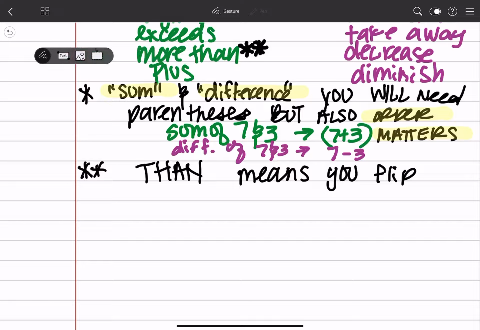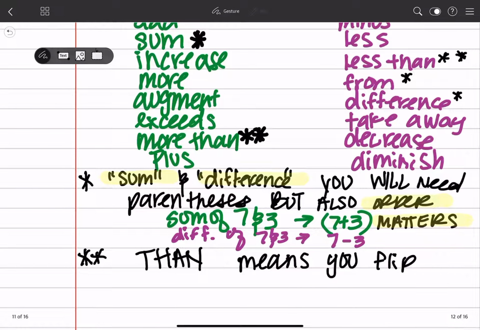Something to point out, by the way, if I had said is more than, then it would be the greater than sign if it has an is in front of it. If it had an is in front of the less than, then of course it would be the less than symbol. But they don't, so we're not talking about that. If you need to make yourself that note, do it.